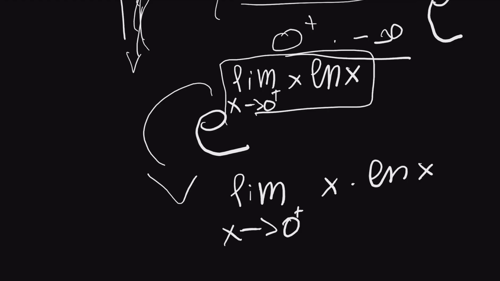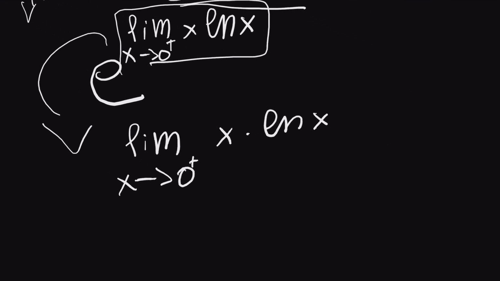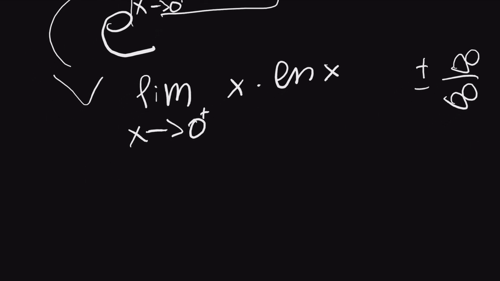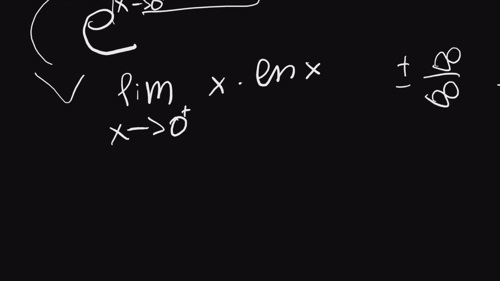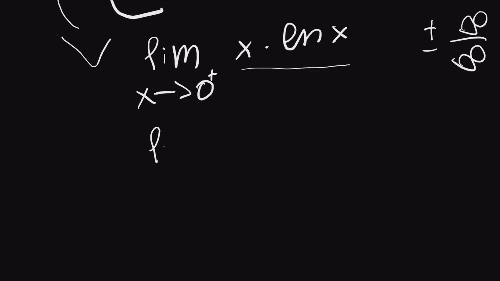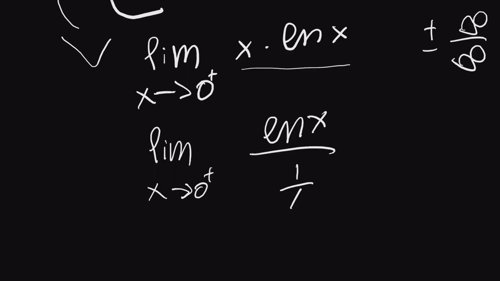The trick is to rewrite this function in a way that allows us to use L'Hopital's rule, which works if you get an indeterminate form of plus or minus infinity over infinity, or 0 over 0. You can obtain that if you rewrite x times the natural log of x as the natural log of x divided by 1 over x.